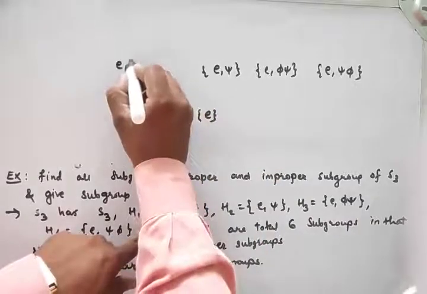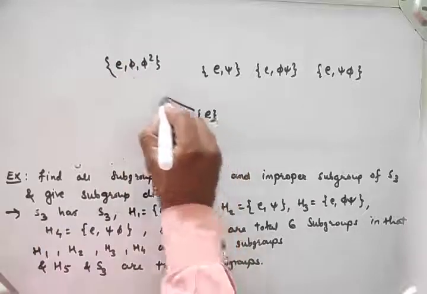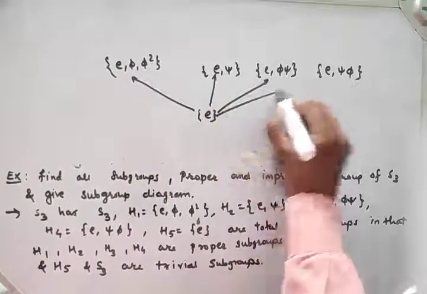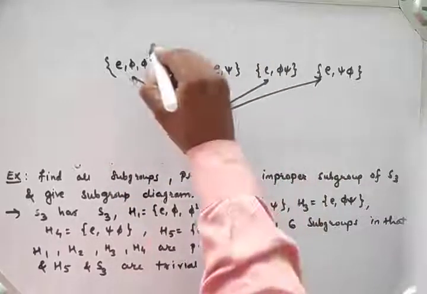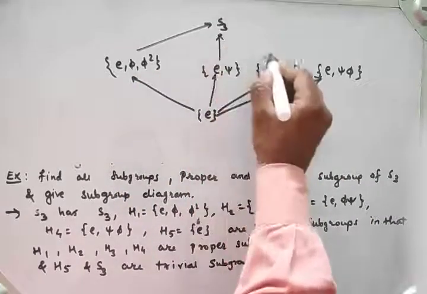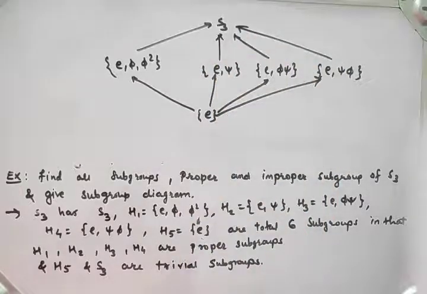The identity is contained in each of these, and all these are subsets of S3. So it's the subgroup diagram of S3.